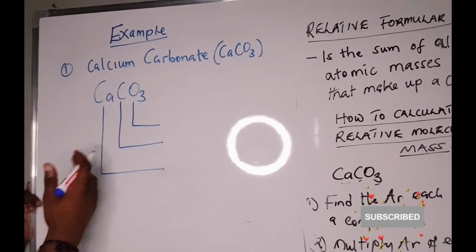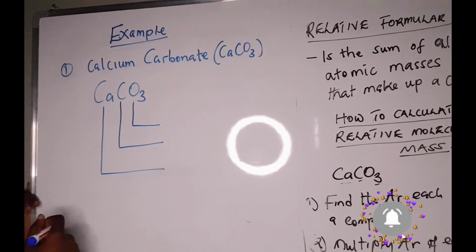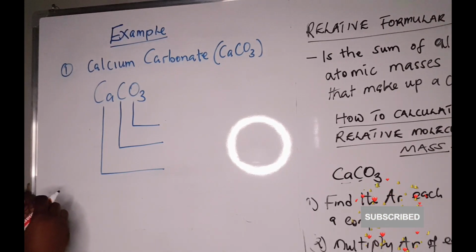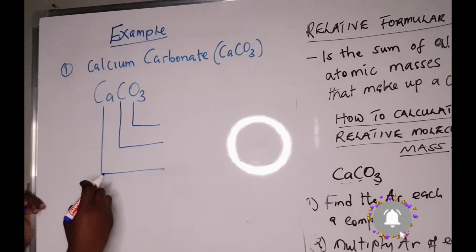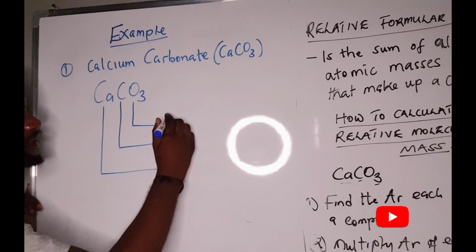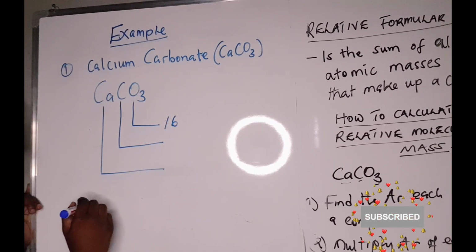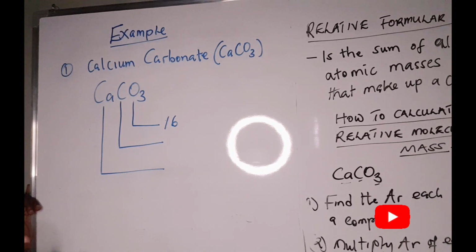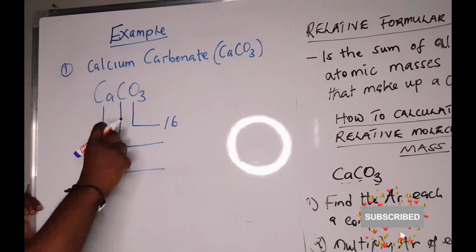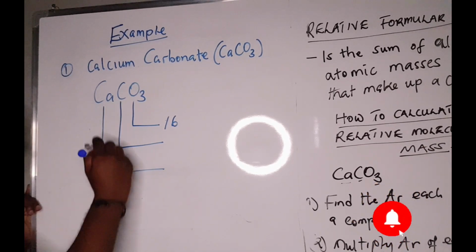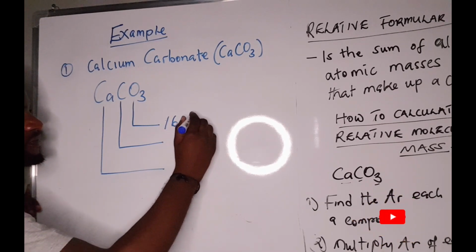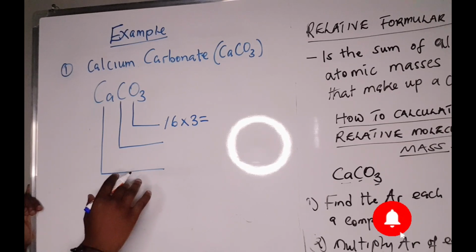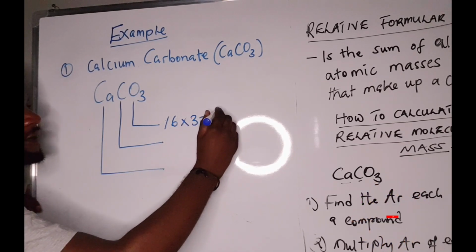So we are going to start with oxygen. What is the relative atomic mass for oxygen? Oxygen has the relative atomic mass of 16, multiplied by the number of atoms of oxygen present in calcium carbonate. In this case, there are 3. So 3 times 16 is 48.